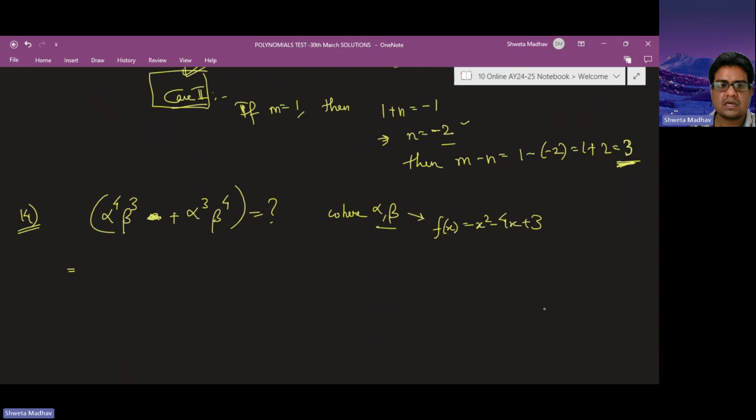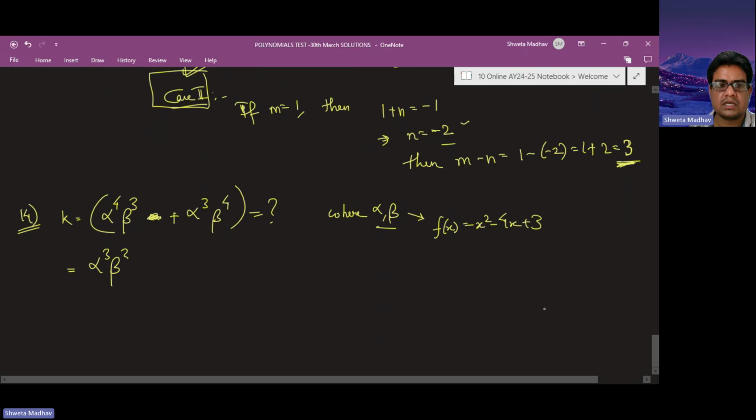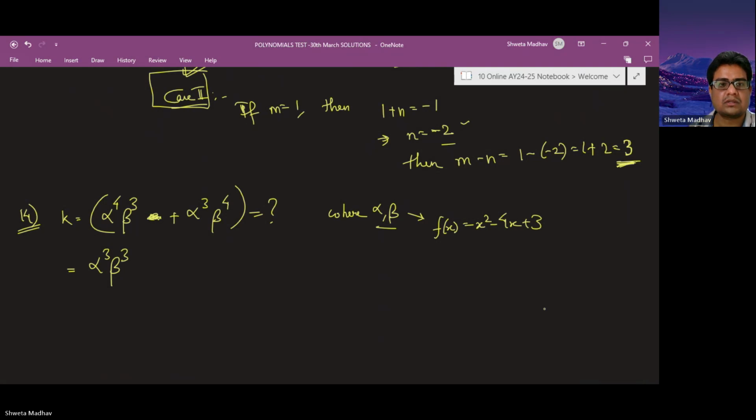So this value we have to find out. From here we can take alpha power 3 into beta power 3 as common from these two terms, and then we can say alpha power 3 into beta power 3 into alpha plus beta. So this is alpha beta whole power 3 into alpha plus beta.